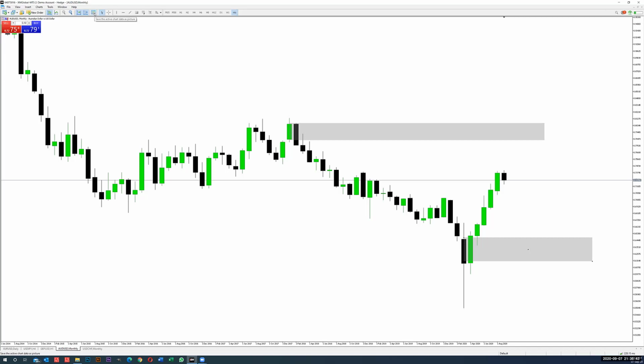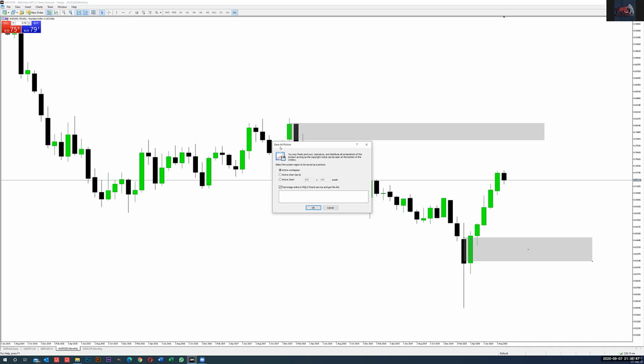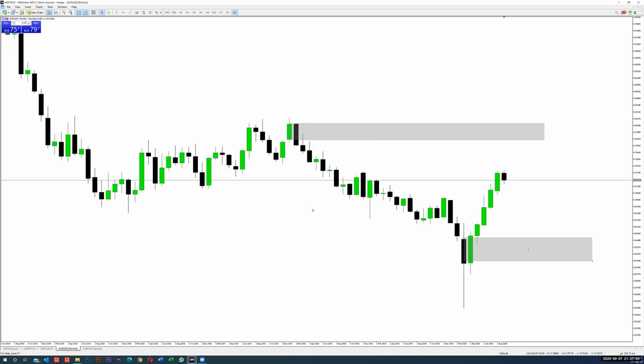When you click that, it comes up as save as picture. Select the screen region to be saved. You just click on active workspace and then you click OK. The moment you click OK, it's going to pop up with a menu. Let me just wait for it. I think it's on the browser or something. Right, yeah.